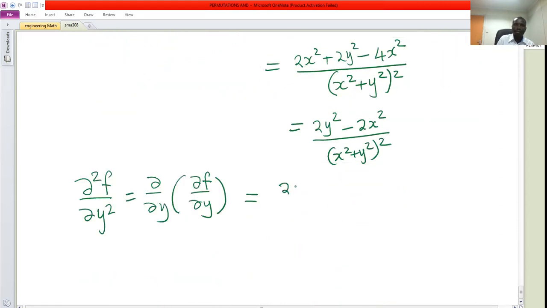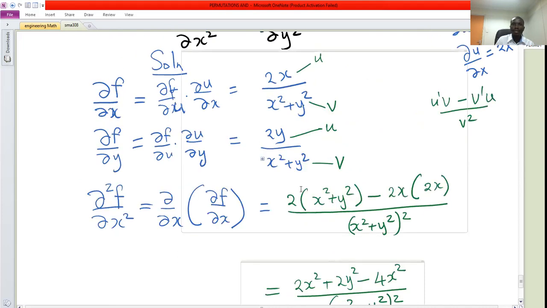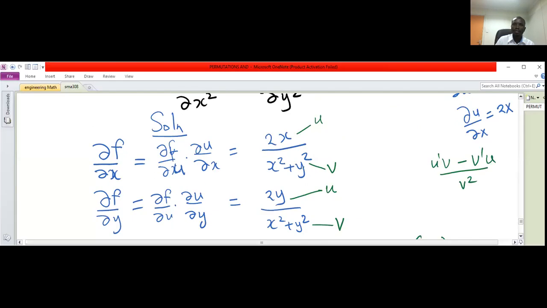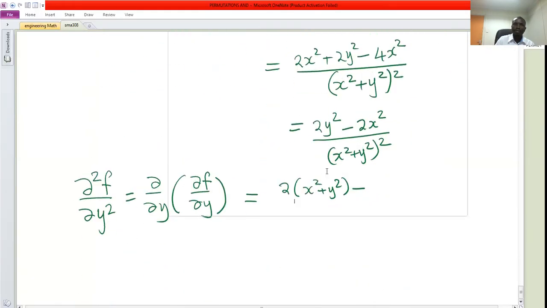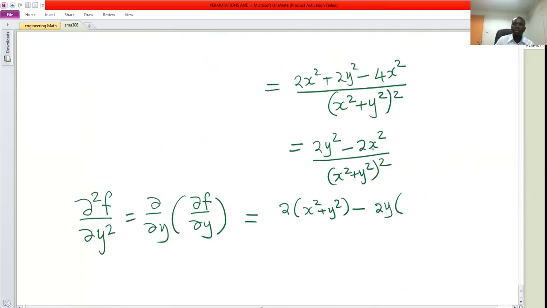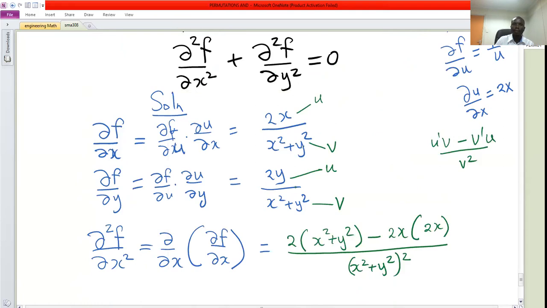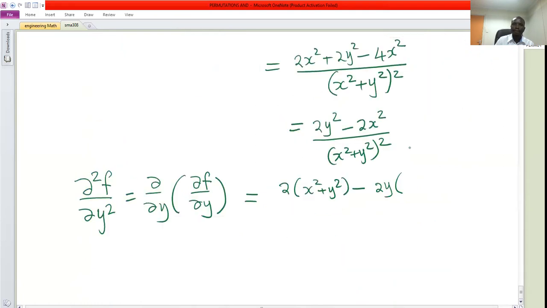So we have 2 times x squared plus y squared, minus, when you differentiate the denominator with respect to y, we get 2y, times u, which is 2y, divided by x squared plus y squared, squared, for this is v squared.